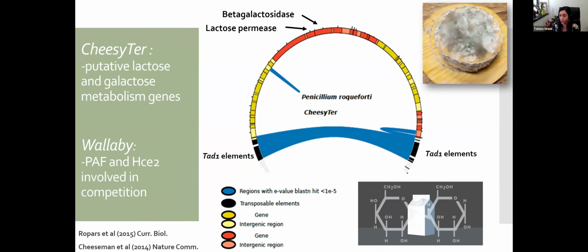And precisely this horizontally transferred region had some interesting genes like lactose permease, beta-galactosidase, so transforming the milk sugar, and other genes involved maybe in microorganism competition. So it looks like this horizontal gene transfer was maybe adaptive.